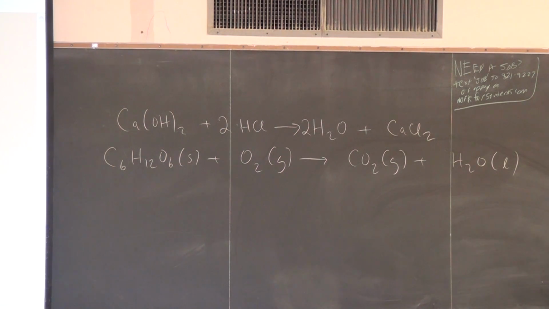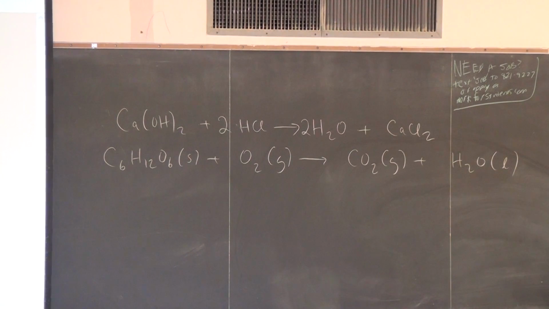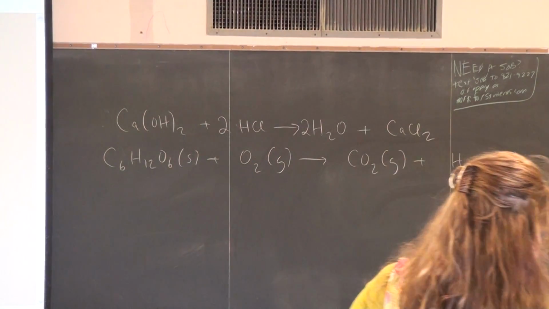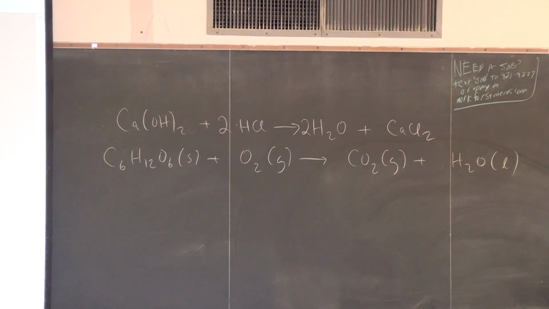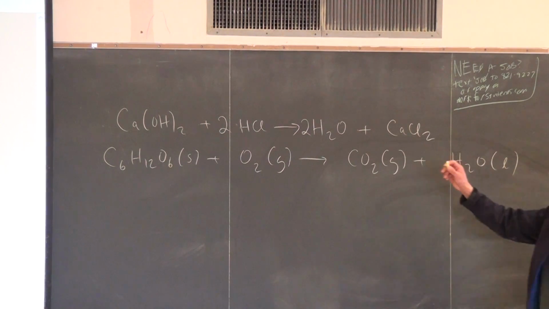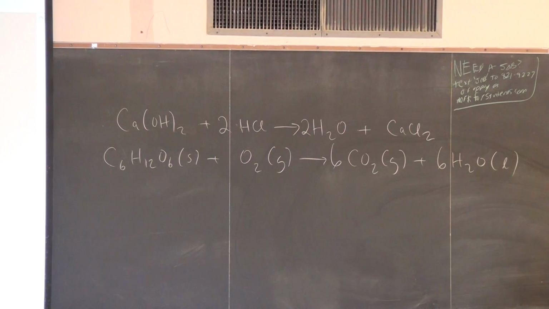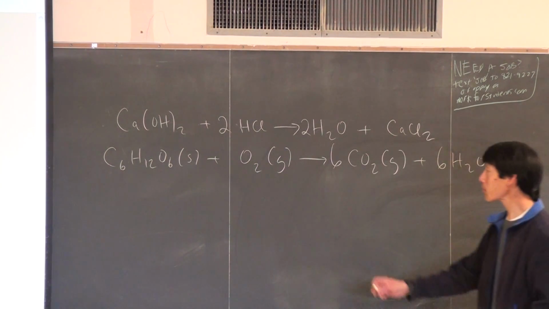The first thing we want to do to apply Hess's law, even before we calculate, is balance the chemical equation. To balance it, we need 6 CO2s, 6 waters, and how many oxygens do we need? 6.